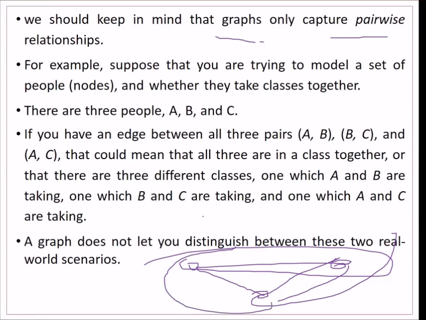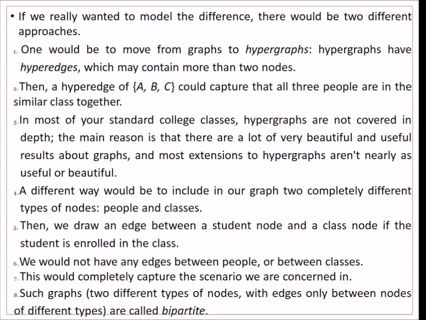So a graph does not actually distinguish between these two real world scenarios, whether all three are in a similar class or each couple has a different class. If you really want to model this kind of difference, there are various approaches.